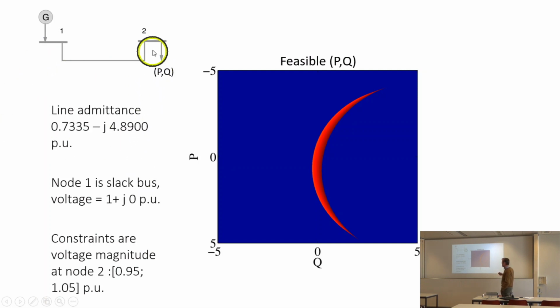So for every value of P and Q, we'll have a given voltage, and I'm asking what are all the values of P and Q such that the voltage lies between those two bounds, plus or minus 5%, which are standard operational constraints we put.